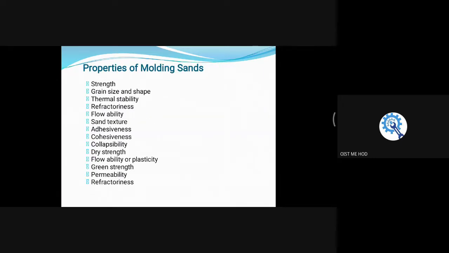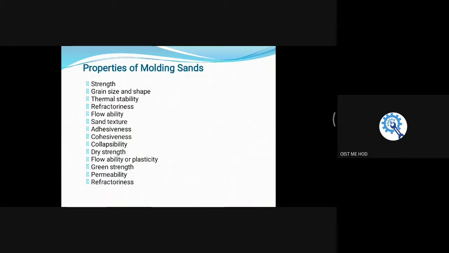Then properties of molding sands. What type of properties of the molding sands should be? अगर है ना, इसमें क्या होगा, if you are not going to find these properties in molding sands, then you cannot use.